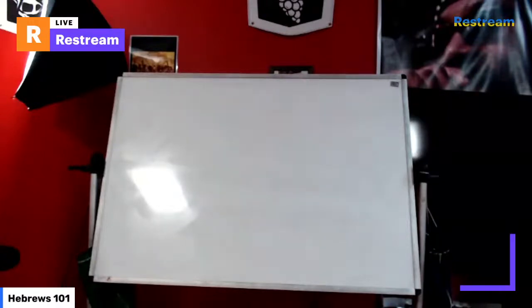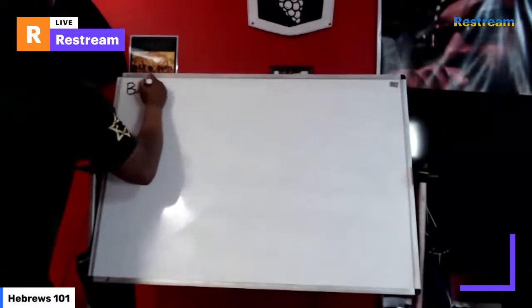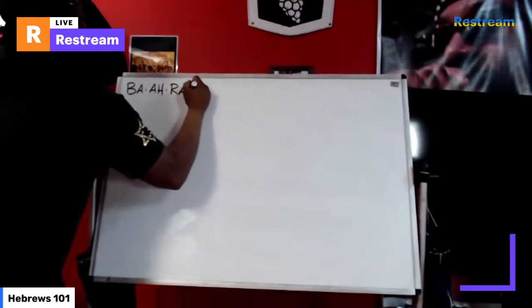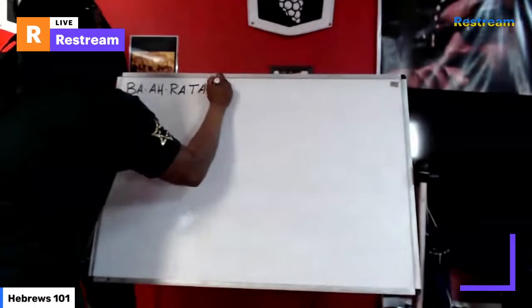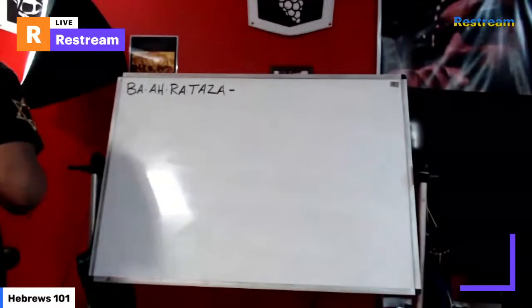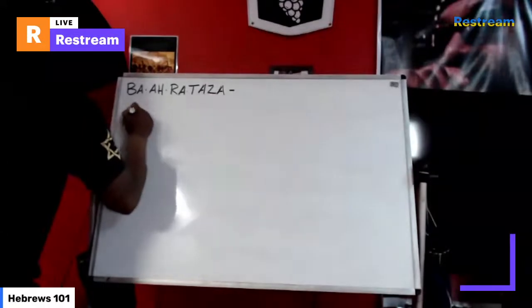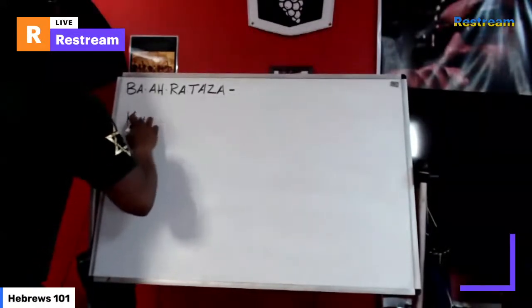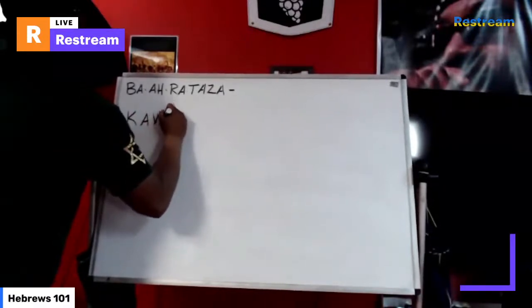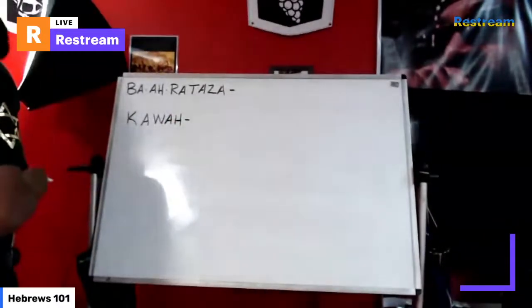All right. Next, we have, the first word is Ba'aratazah. Then next, you have Kowa.